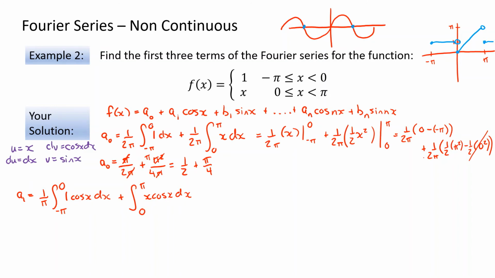Okay? Substituting in each of these values, we're going to start by doing the integral of the first term. So the integral of cosine of x is sine of x. So we get 1 over pi times the sine of x, and that's evaluated at 0 and negative pi. And we get plus the second half, which is our integration by parts, which is u times v, or x sine of x, minus the integral of v times du, which is sine of x dx.